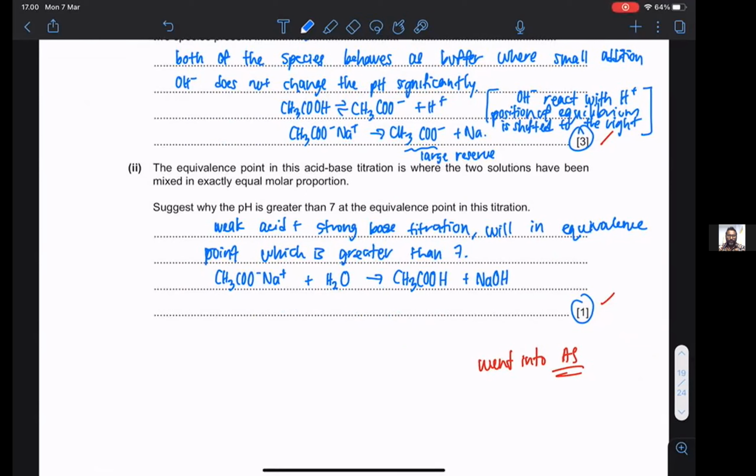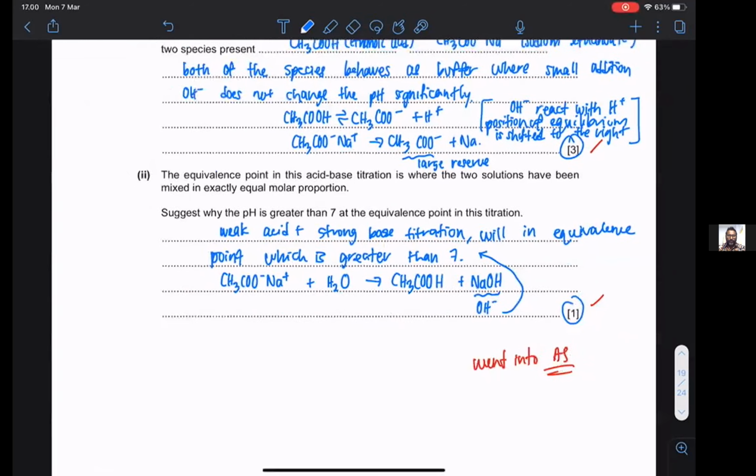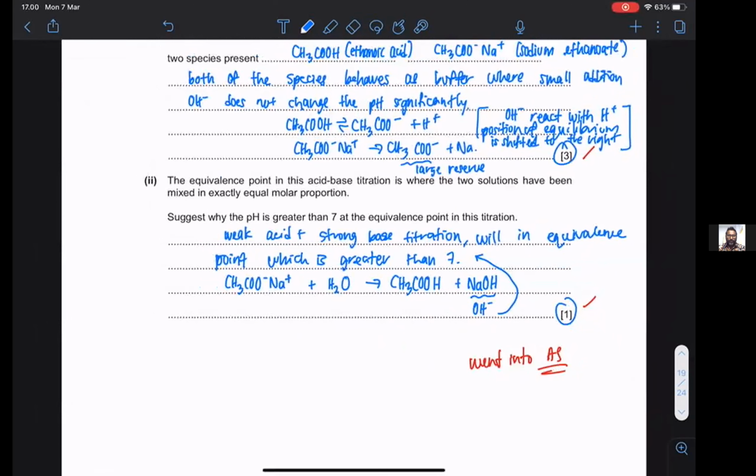So in that case, this is going to give you the presence of a lot of OH minus over there. They are going to increase the pH, which is going to be greater than 7. That is one of the reasons why you are going to get the pH greater than 7 at the equivalence point.